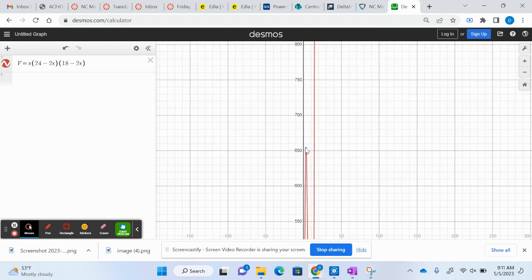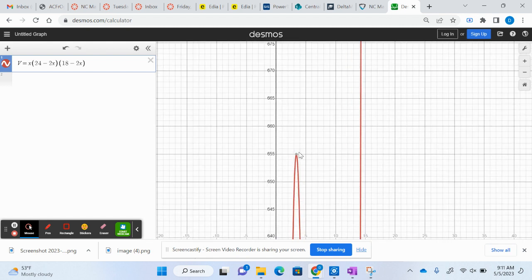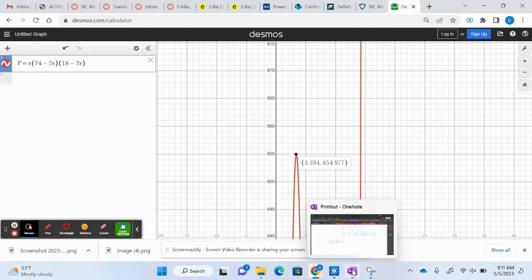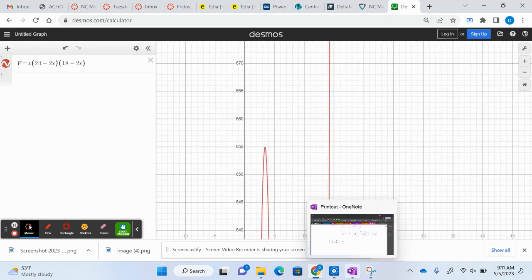When I get to the very top right here, I notice that the value of 3.39, so we said 3.4, is going to give me the maximum volume. This right here represents my maximum volume. So this is the X value, the size of the box that we cut out, and that's the max volume.